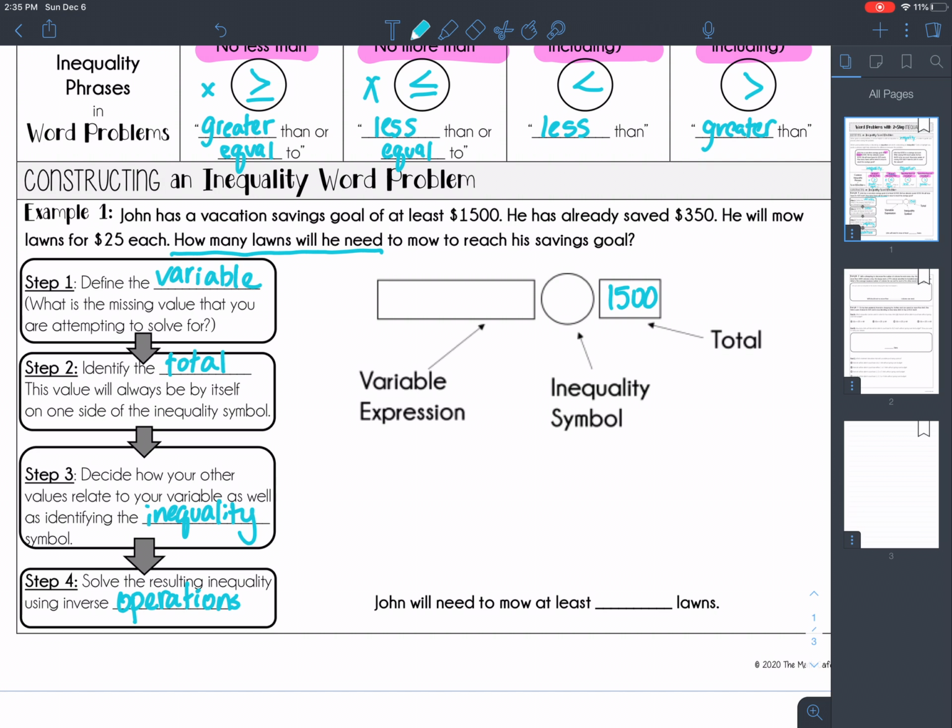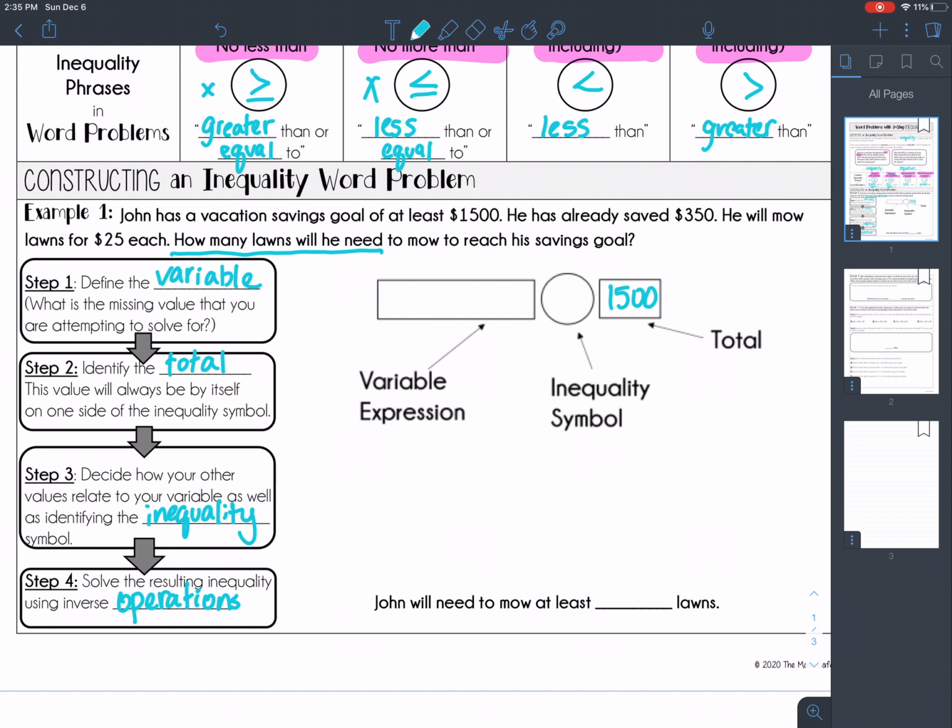We know John had $350 already, and we know he's mowing lawns at $25 each. Our variable is representing those lawns, and this person uses L for their variable, and y'all know I don't like that because it can look like a 1. So we're going to use the letter X.